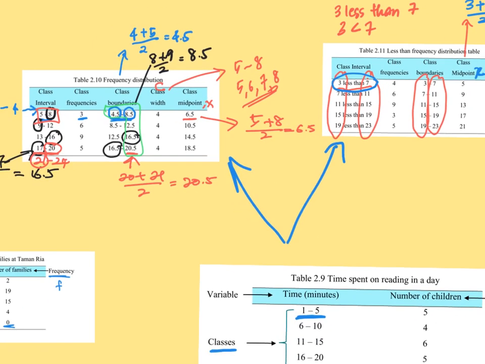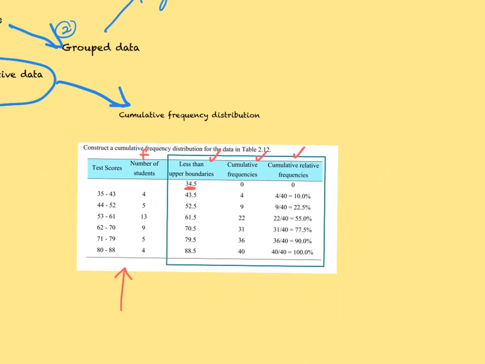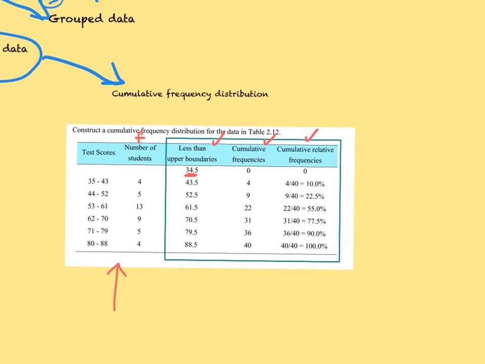If you can see here, I'm labeling starting from 4.5 up to 20.5. This is the calculation for less than upper boundaries.